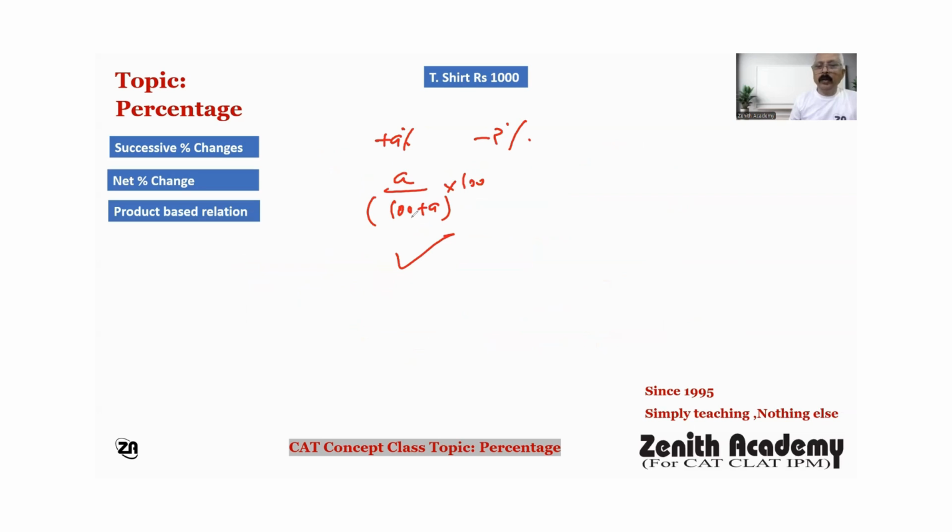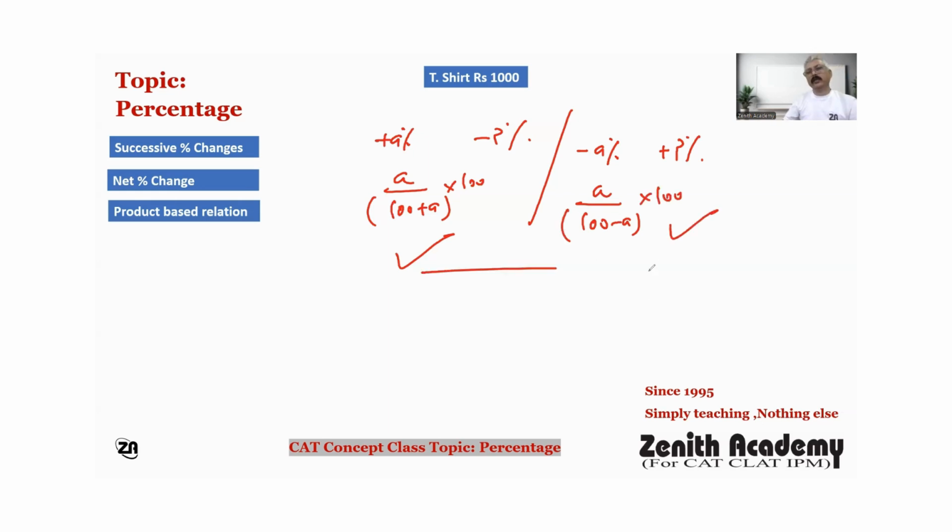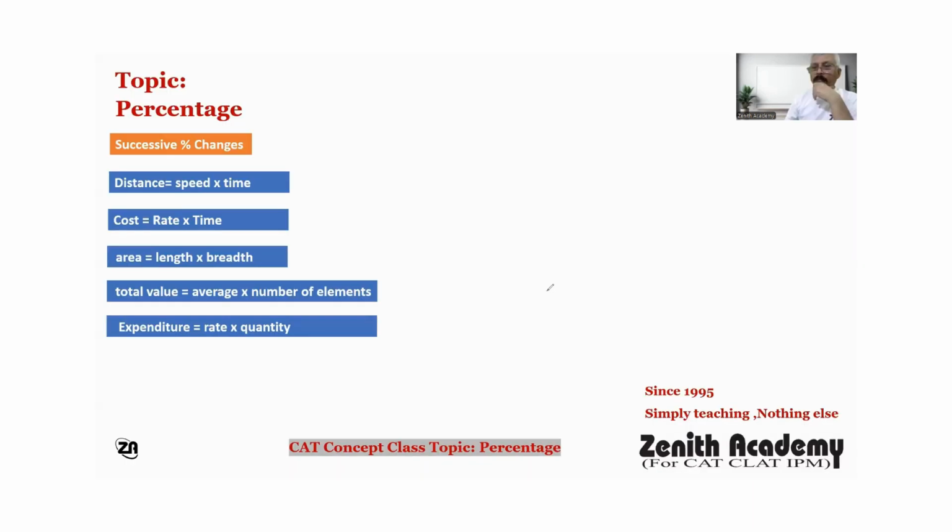Or if first a decrease, then how much percent should it increase to get the original value? So for this, a upon 100 minus a into 100. Is it okay? So these are two important formulas, important concepts, helpful at the time of attempting percentage questions.